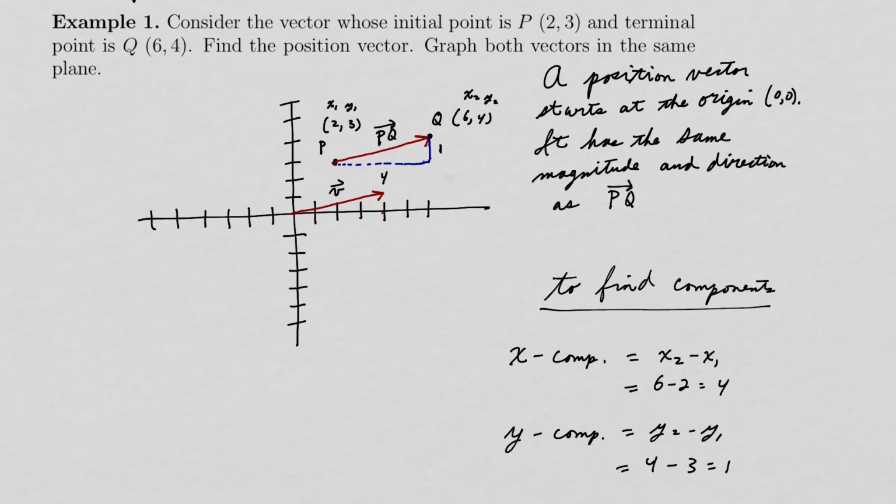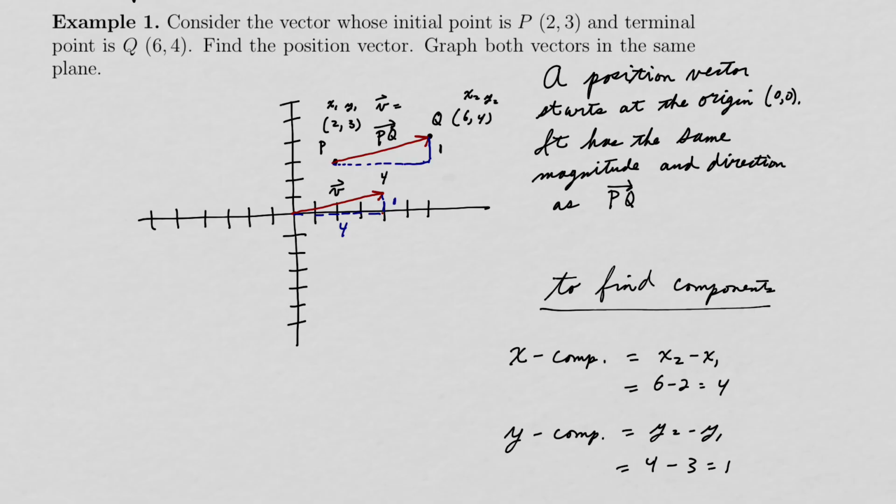I will call that B. We'll call them both B. But I'm shifting it so that the initial point is now at the origin. Then it has the same thing. It has an x component of 4 and a y component of 1. If you look at the projections, this length is 4, this is 1.